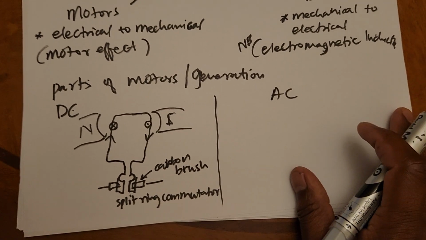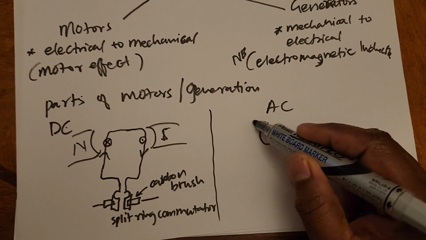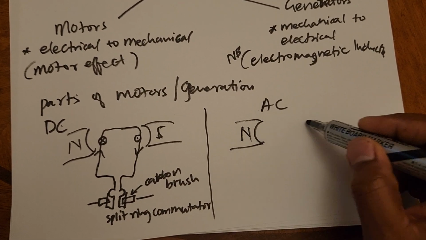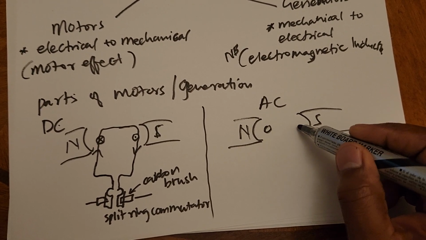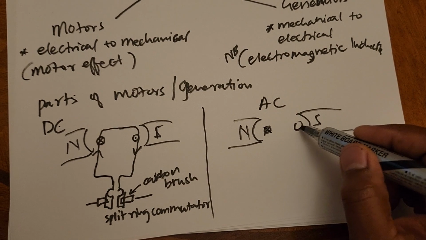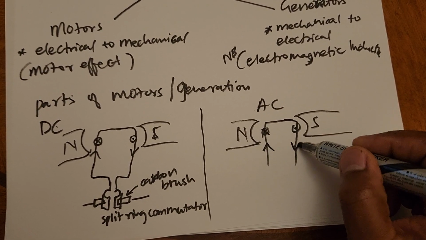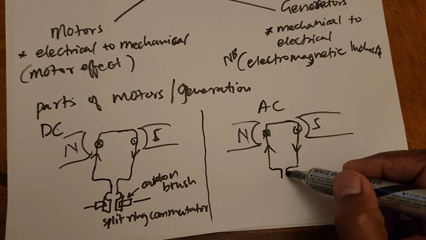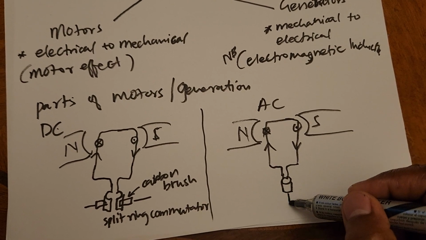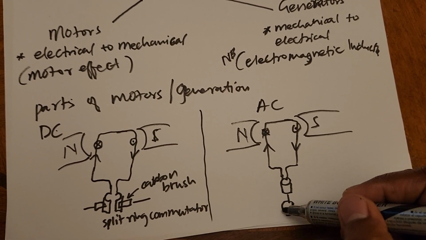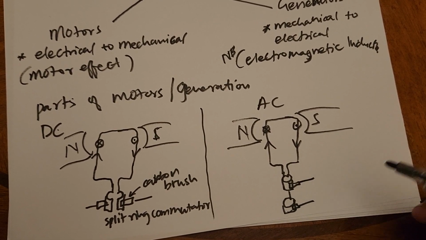We'll talk about their usage. Then in the AC we'll be having north this side, south this side, also having a coil with the current moving away from the observer. The arrangement in this case will have two continuous rings with their respective brushes.